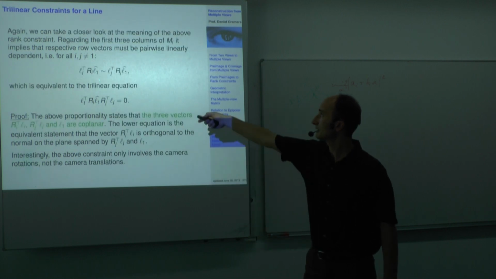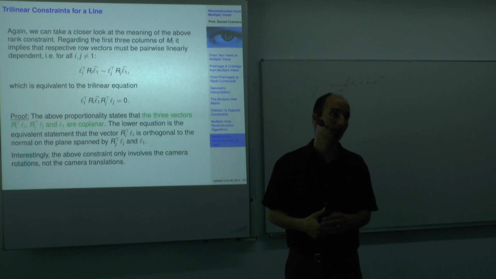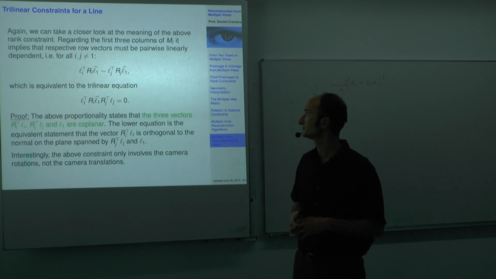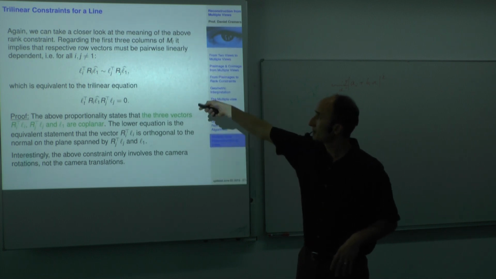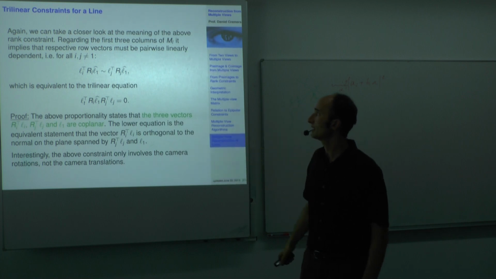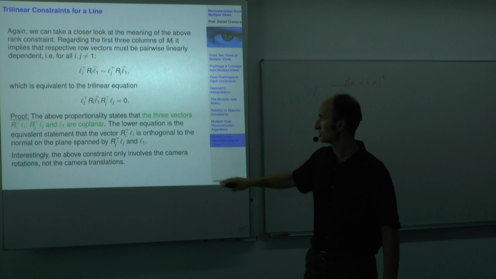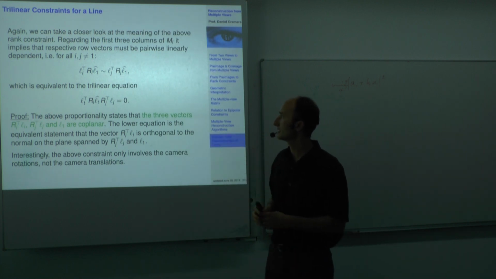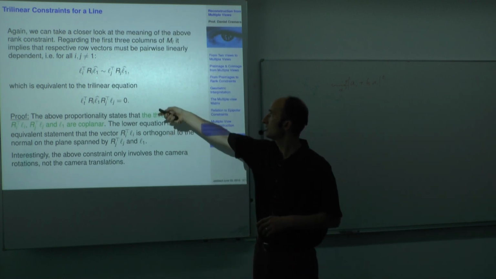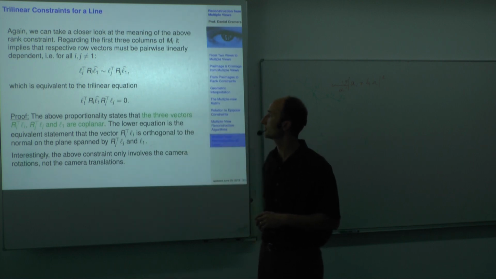And we can write that like this: Li transpose Ri L1 hat must be proportional to Lj transpose Rj L1 hat. So one must be a multiple of the other one, and this can be rewritten in this constraint. I'll show you, it's a similar reasoning to what we have had before.